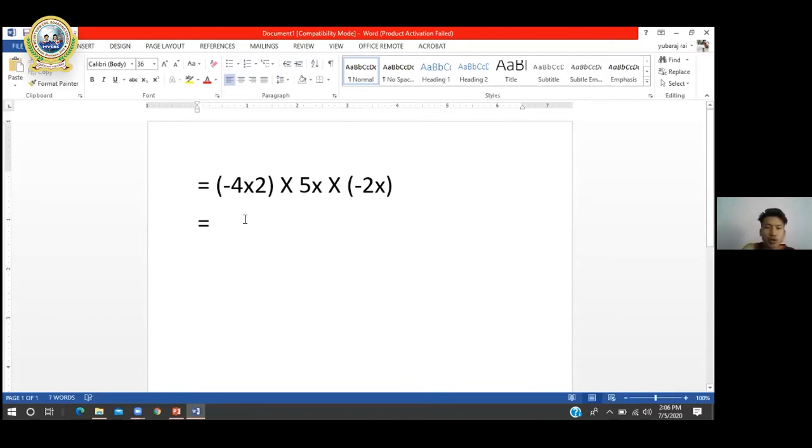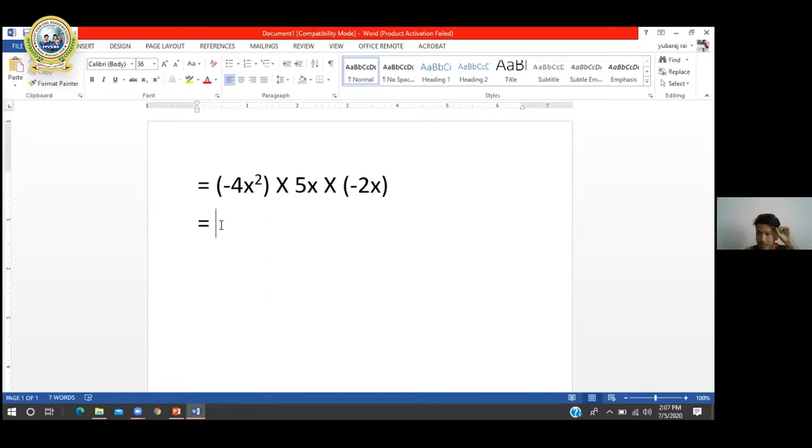So in multiplication, we have already discussed it so many times. Let's just say it once again. First of all, we multiply the signs. Whatever signs are there, we multiply all the signs together and put the answer there. Next, we multiply the coefficients.